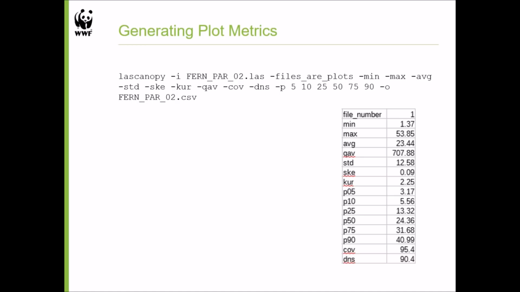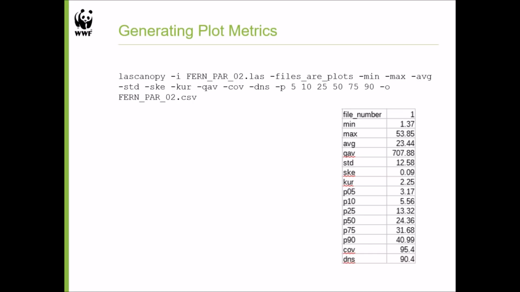The -avg, standard deviation, skewness, kurtosis, covariance, etc. And we have some important ones that are those -p parameters specified here. These -p parameters specify the percentiles, which are a very important measurement to understand the vertical structure of the forest.